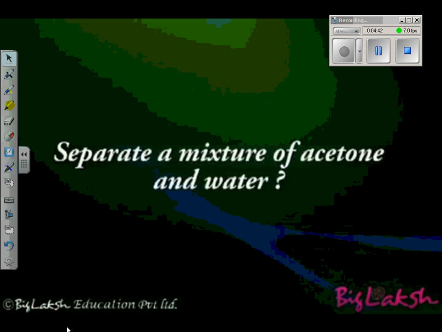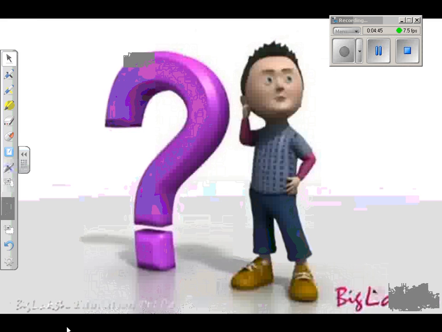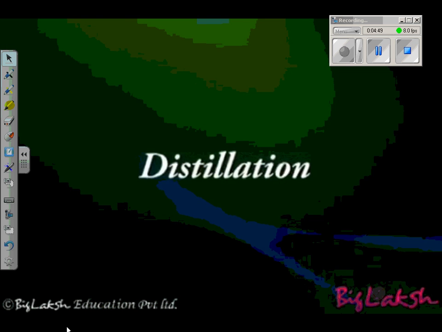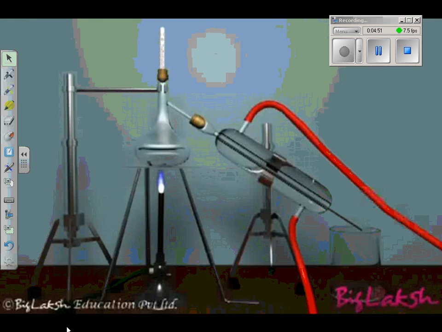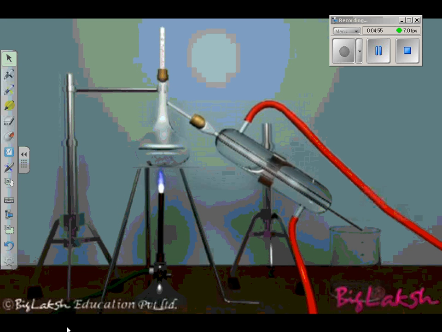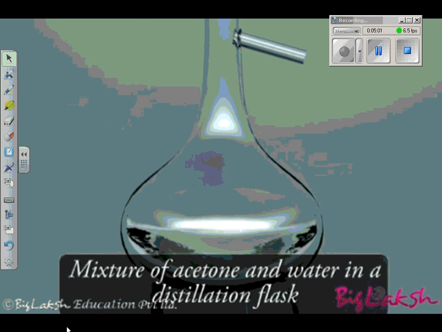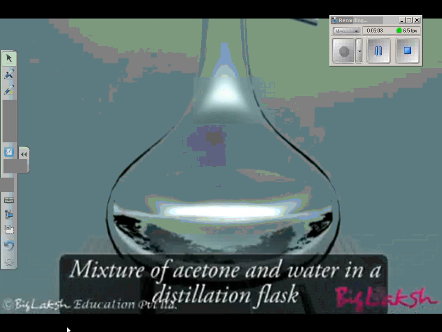Can you separate a mixture of acetone and water? Yes, it can be achieved by distillation. Let us have a look at the procedure of separation using distillation method. Firstly, take the mixture in a distillation flask fitted with a thermometer.